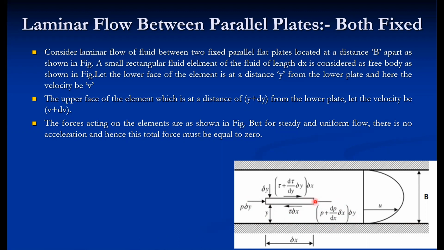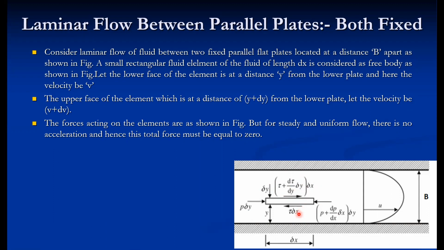The area is dx into dz, and dz in our case is 1. So tau into dx. The shear force acting on the top face, with shear stress obtained using Taylor's expansion, is f of y plus f dash of y into dy, into area dx into dz. So these are the 4 forces acting on the fluid element.